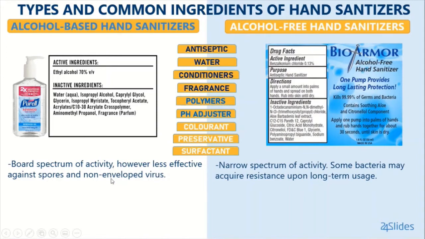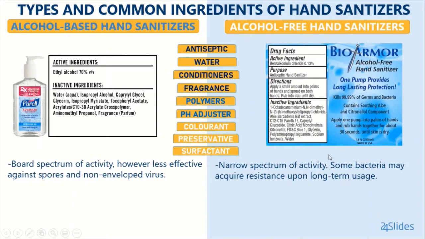And for non-enveloped viruses, the virucidal activity can be improved by adding acids. Okay, while alcohol-free hand sanitizer has a narrower spectrum of activity. For example, benzalkonium chloride is less effective against mycobacteria and fungi.